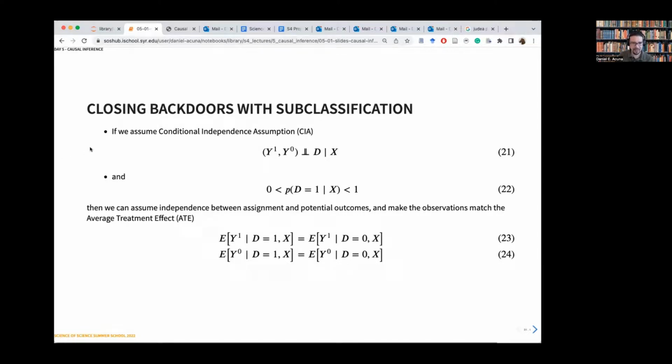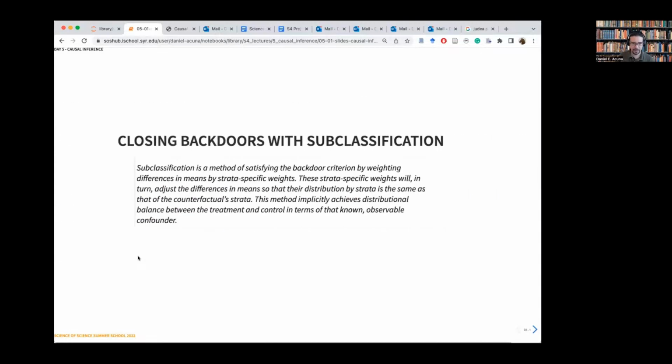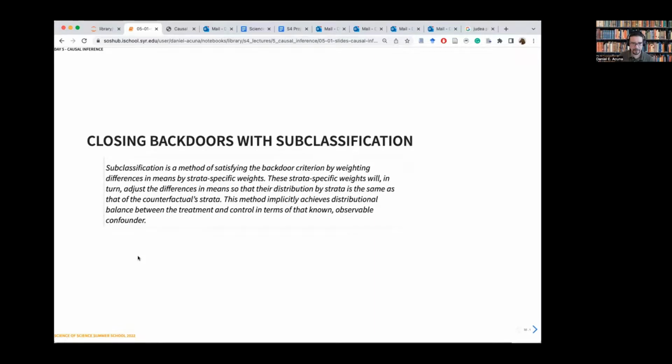Now, the basic idea is that you want to assume that there is a variable that we can observe, an independent variable, that if we condition on that, the treatment becomes independent of the potential outcomes. Okay, and that satisfies the backdoor criterion.